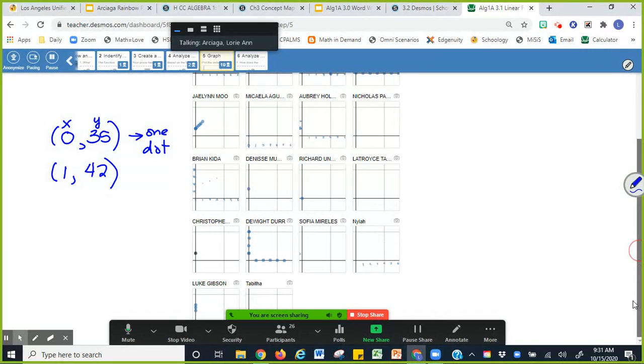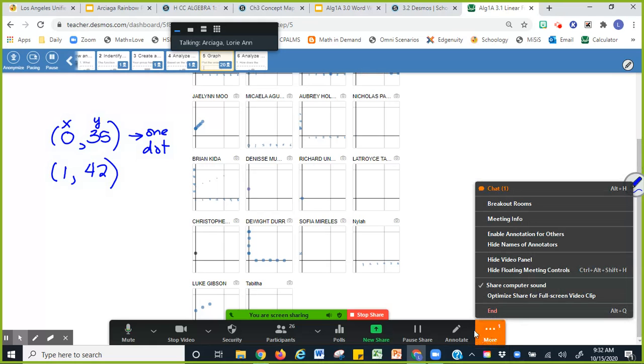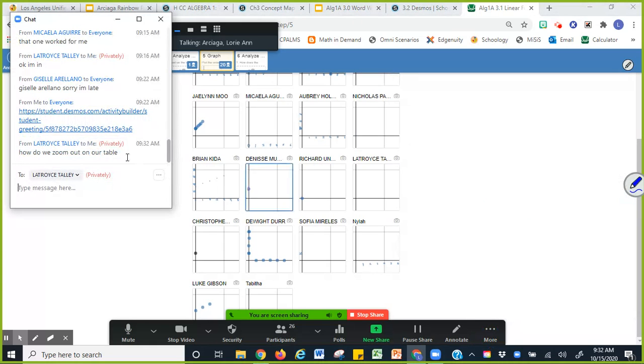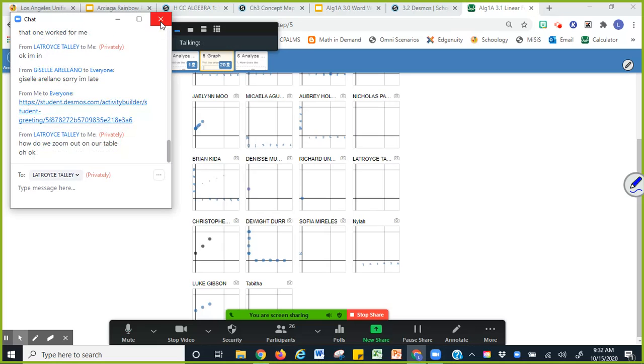I must see numbers for your X and Y axis, but I don't want to see dots right there. If you're putting dots on the X and Y axis, your graph will be marked wrong. I think I have to say that explicitly. How do we zoom out on the table? Oh, you can't, I'm sorry, because it's fixed.